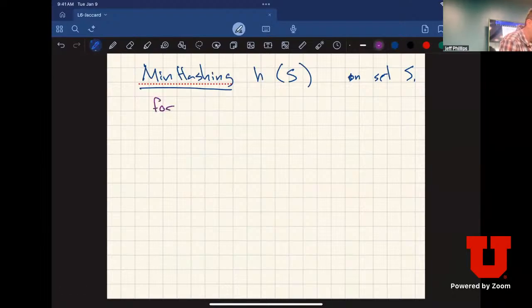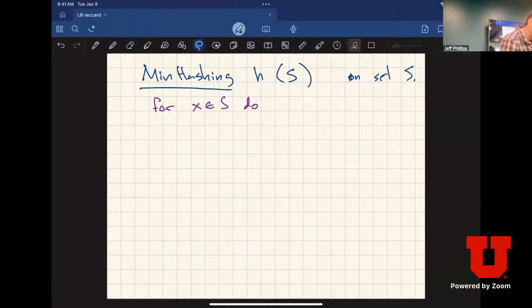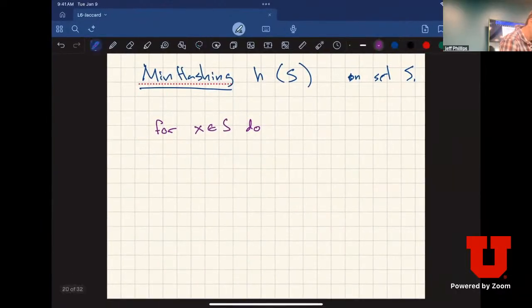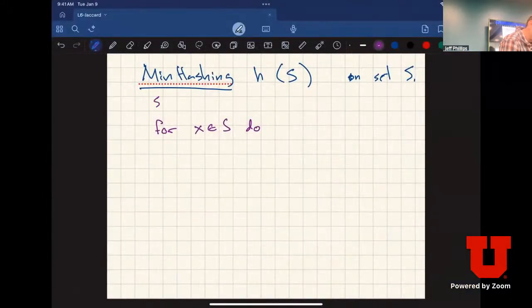So for each element of the set, and this element could be one of the k-grams, I'm going to initialize something here. I'm going to set v equal to infinity.